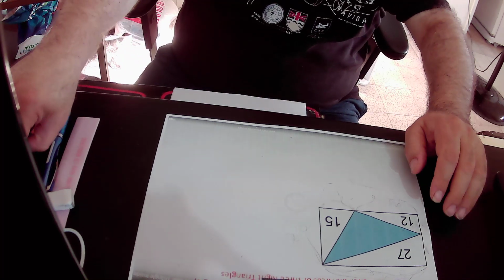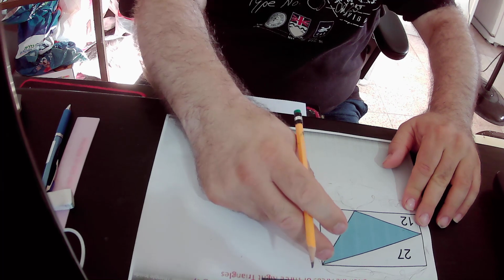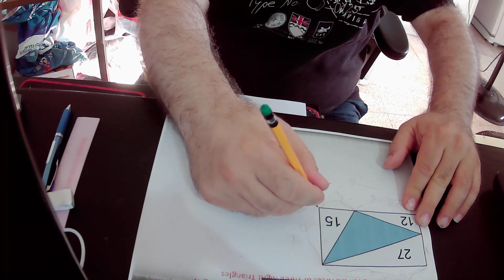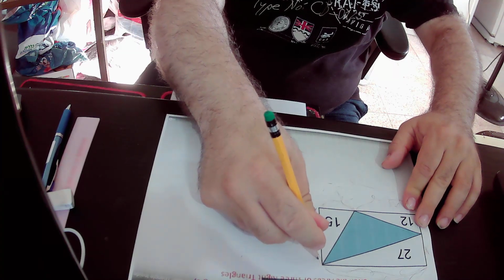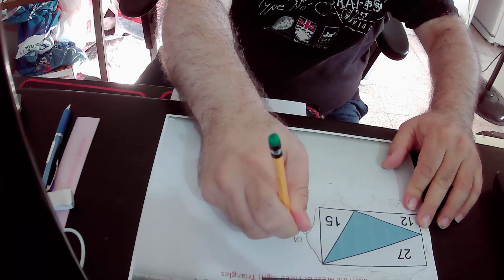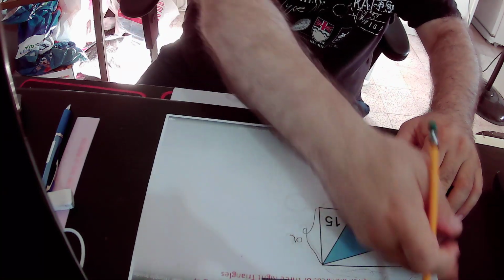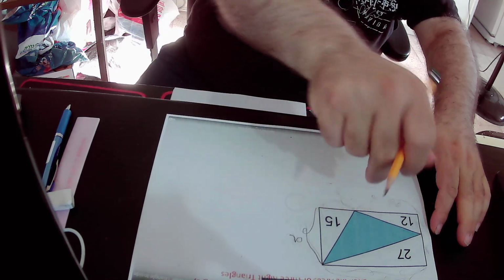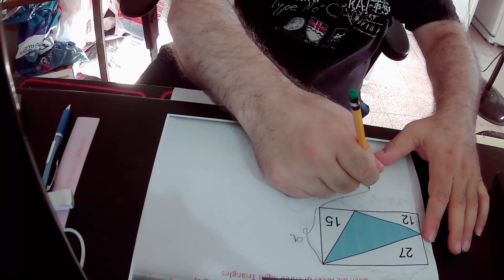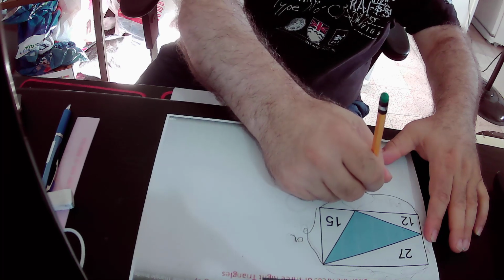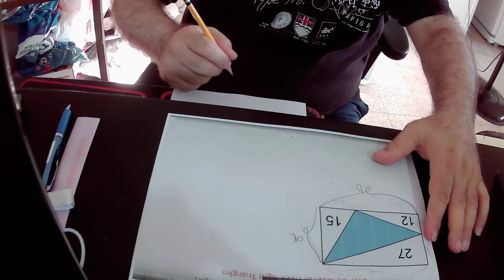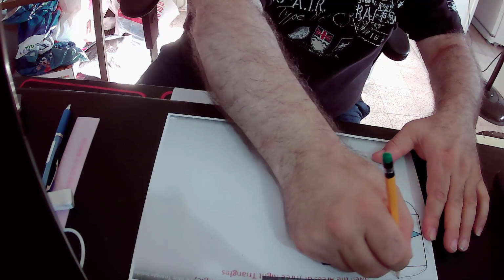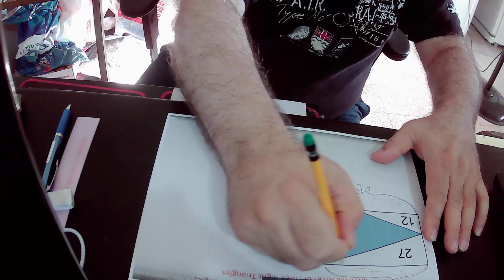So we can define the width of this rectangle as A, and the length of this rectangle will be defined as B.